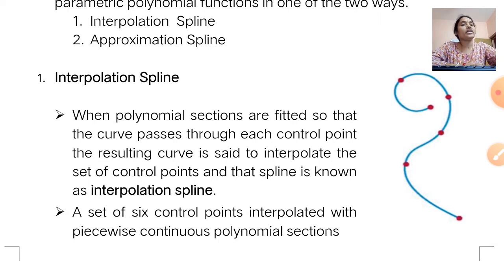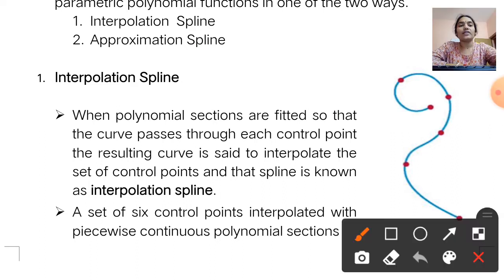The set of control points are connected with each other. In this figure, a set of six control points is interpolated with piecewise continuous polynomial sections. Here the red dots are the control points.